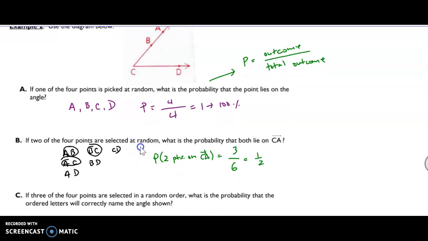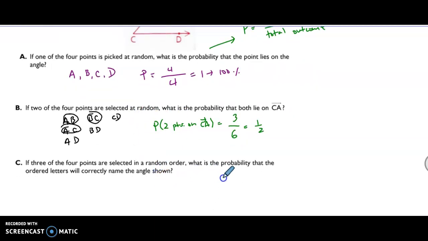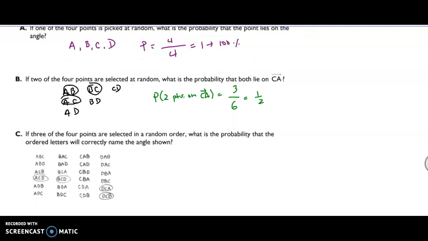Part C says if 3 of the 4 points are selected in a random order, what is the probability that the ordered letters will correctly name the angle shown, right? Correctly name the angle shown. All right, so here's the list of all of the combinations of 3 of the 4 points, right?